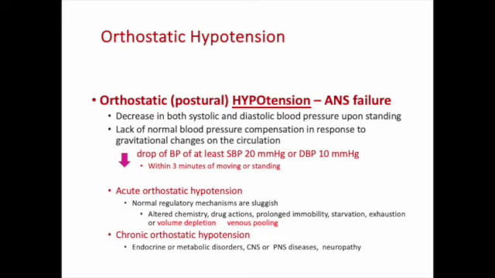If you've had some prolonged immobility that's caused by an underlying illness, if you have been going through the process of physical exhaustion, starvation, or anything that would produce volume depletion like potassium or sodium depletion or massive diuresis, maybe someone that's on Lasix and they are diuresing quite a bit, you could have a situation of secondary postural hypotension.